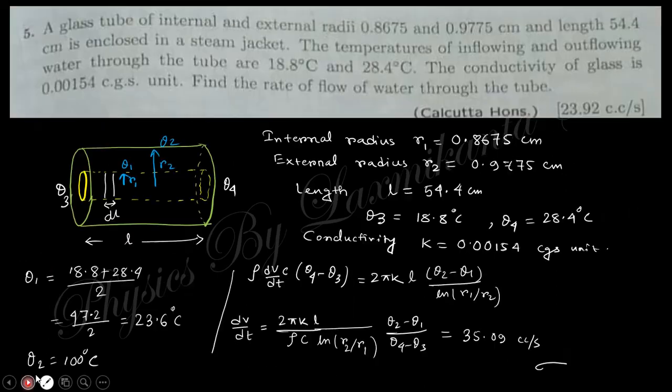Go to the next one. A glass tube of internal and external radii like that. This is the internal radius, the outer radius is like that, and the length is 54.4. It is enclosed in a steam jacket. The temperature of the inflowing and outflowing water through the tube is like that: the inflow water temperature is 18.80, and this is the outflow water temperature.